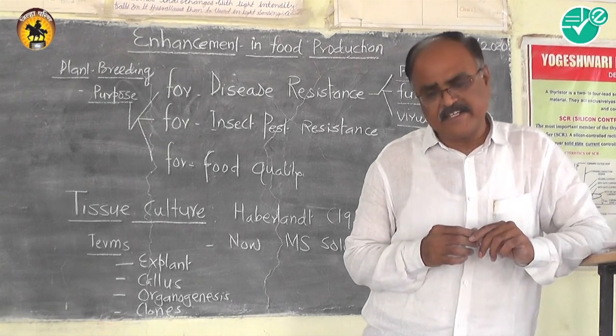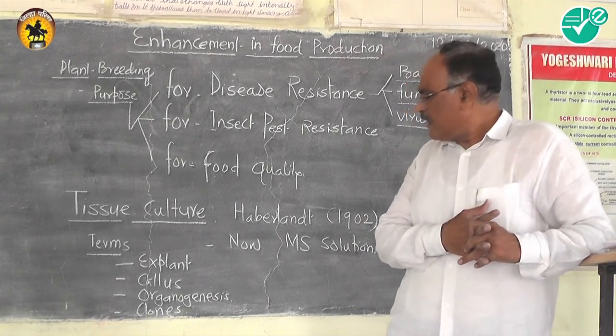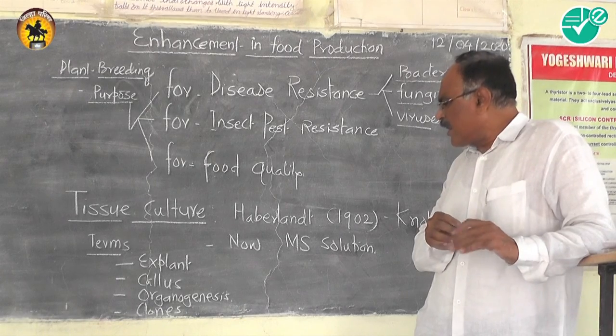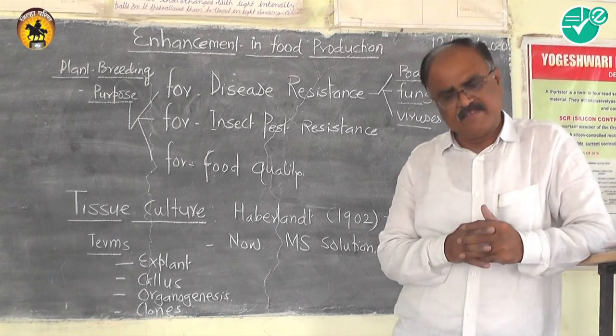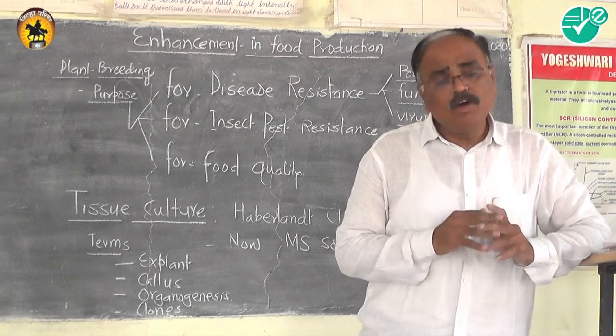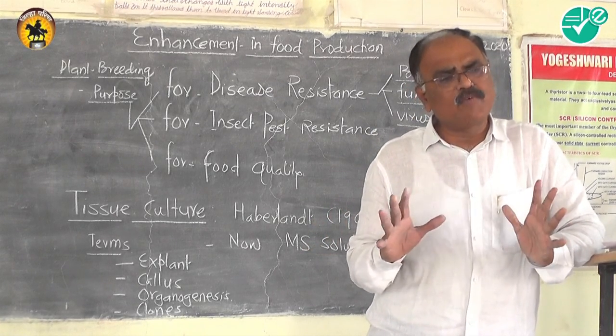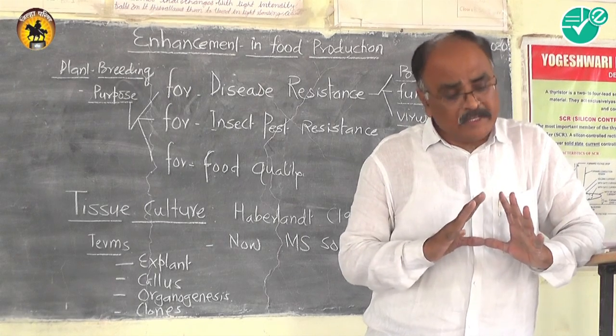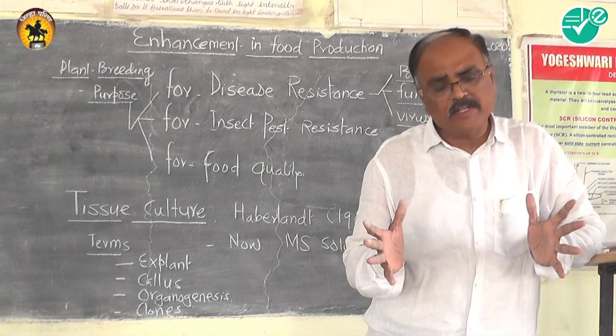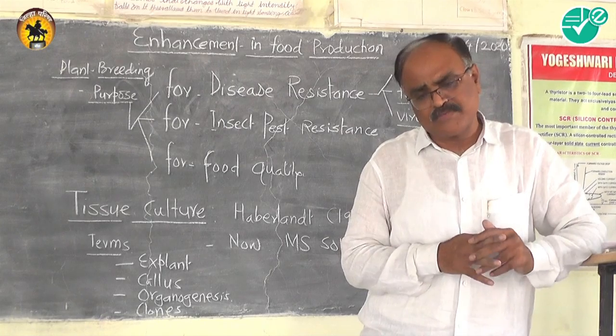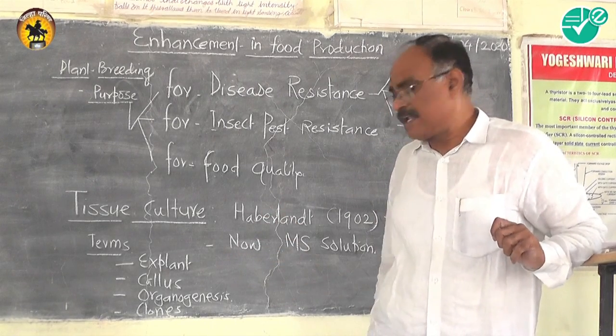Callus is the unorganized mass of cells. Here all cells are morphologically similar, and no division of labor is found in this mass of cells we call callus.